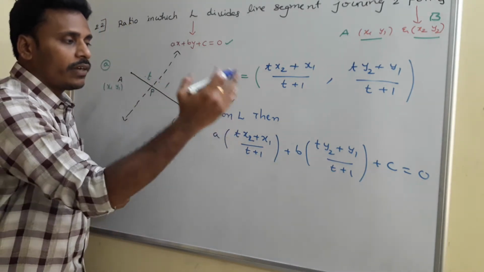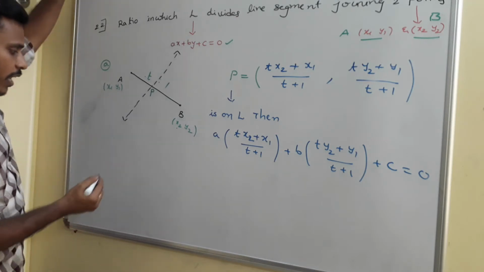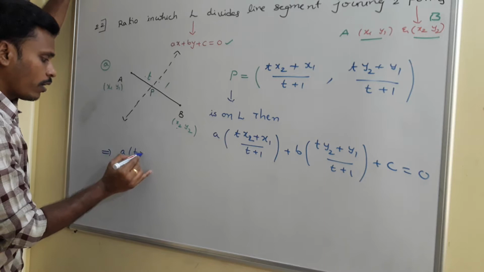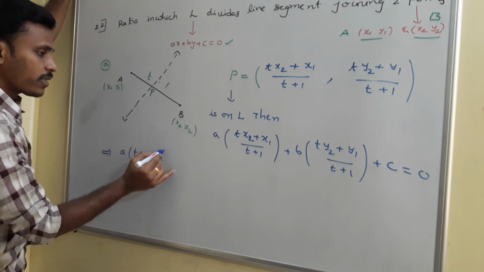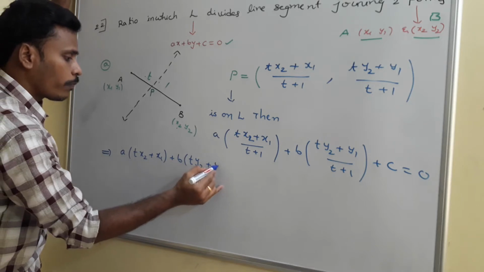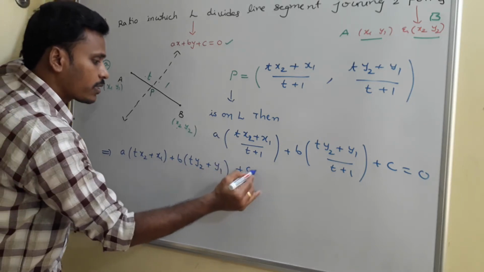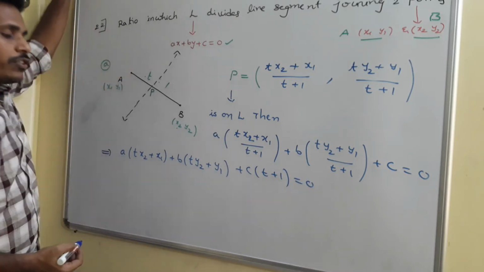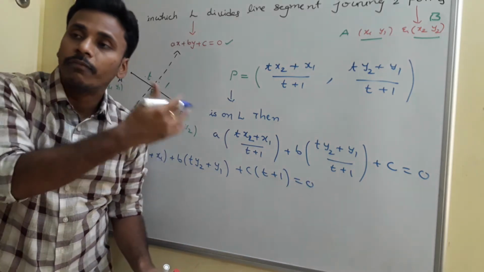If you multiply every term by t plus 1, then in the next step we have a times (t x2 plus x1) plus b times (t y2 plus y1) plus c times (t plus 1) equals 0.